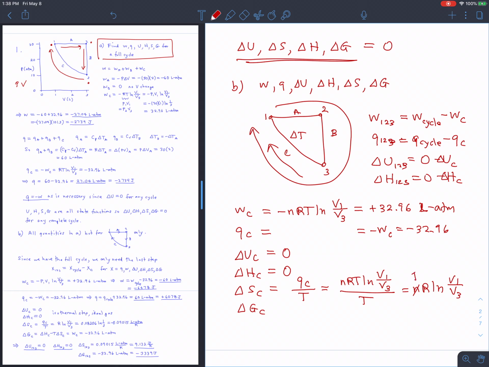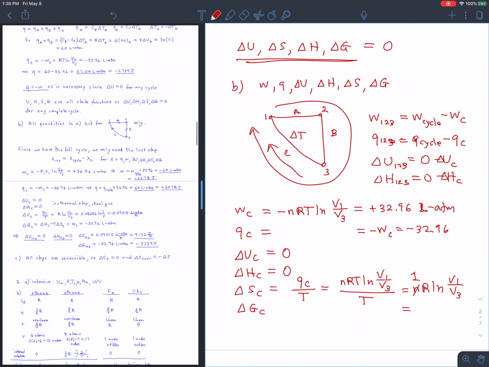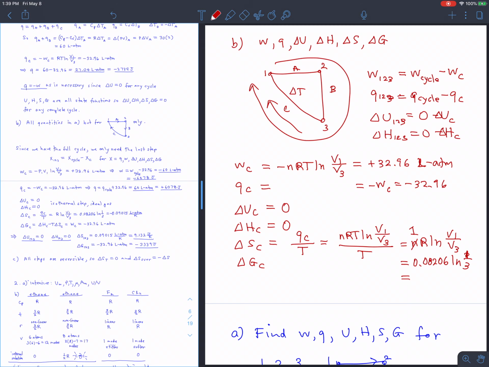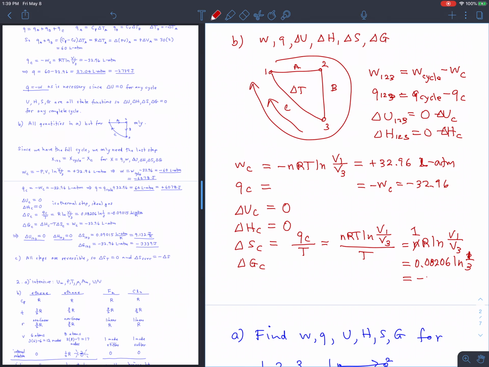The n is equal to 1, and so that is equal to 0.08206. I did it in liter atmospheres. Times log of 1/3. And that is equal to minus 0.09015, and that's liter atmospheres per degree Kelvin.